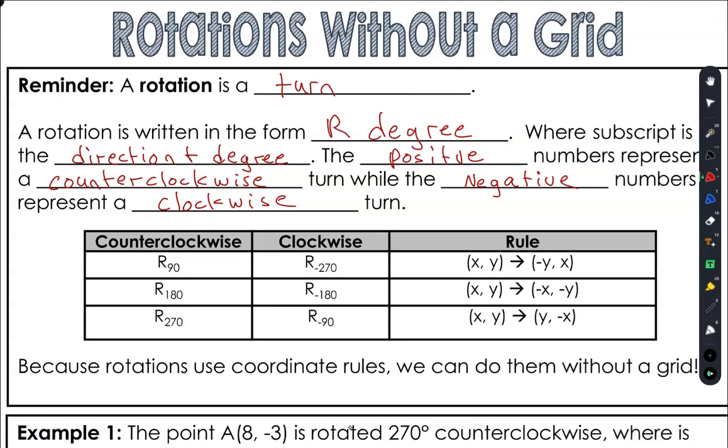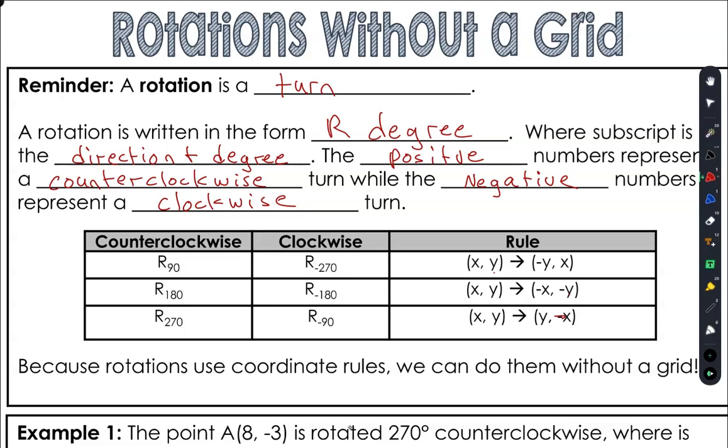If you have a 90 degrees counterclockwise or 270 degrees clockwise, you're going to take your X and your Y, swap them, and change the sign of the Y. If it's 180 degrees, counterclockwise or clockwise, you keep the letters the same, keep the numbers the same, but just change the signs.